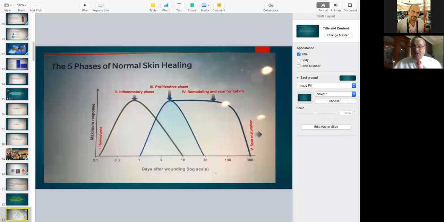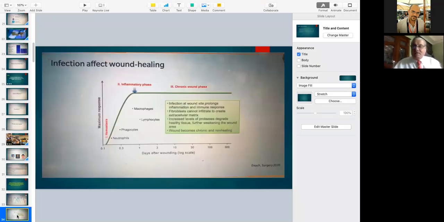Why are these 5 important? Because in case of infection, there will be interruption of these phases of healing. The inflammatory phase will be prolonged, and we get to the state of chronic wound.